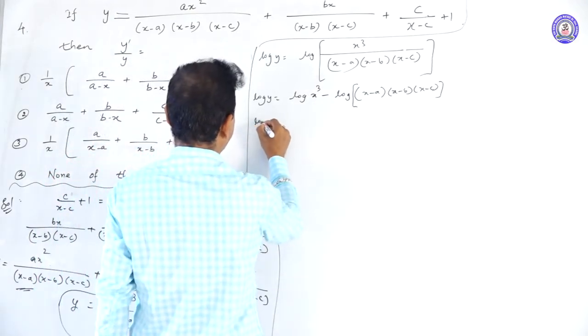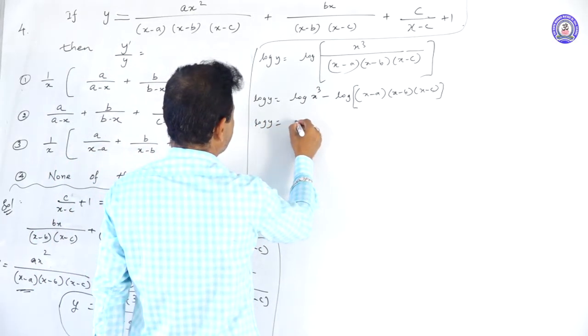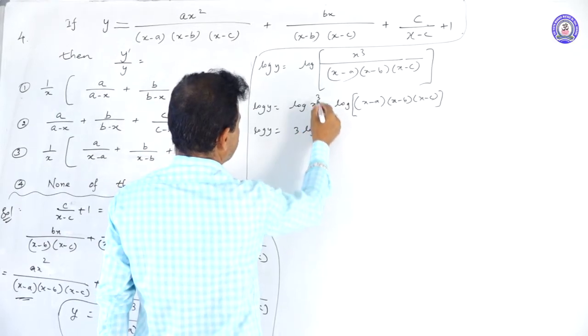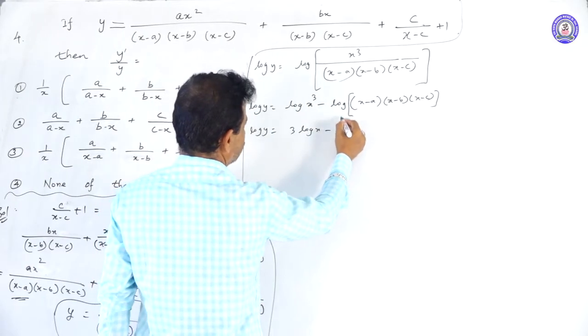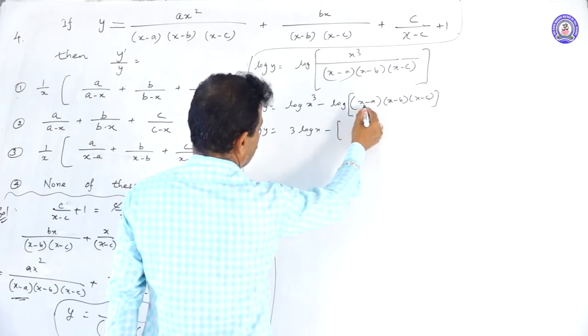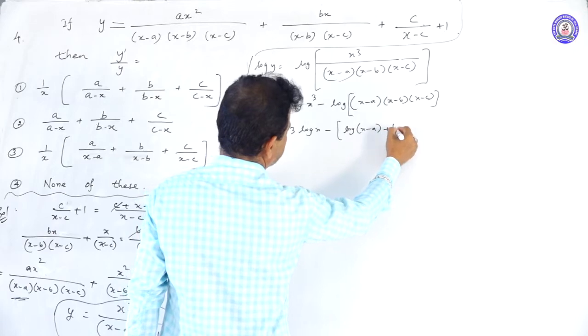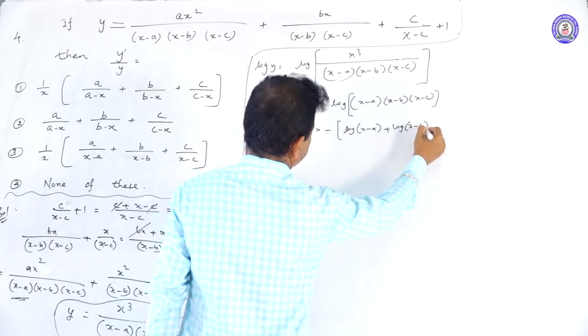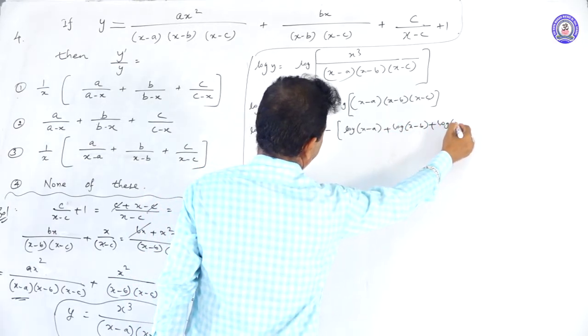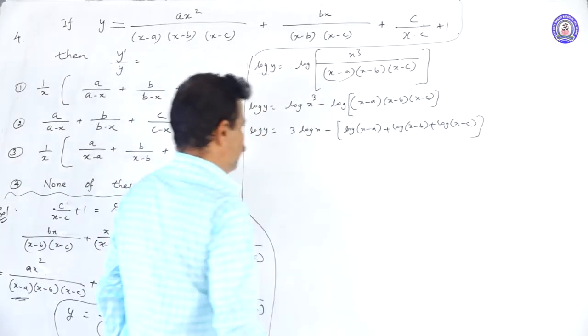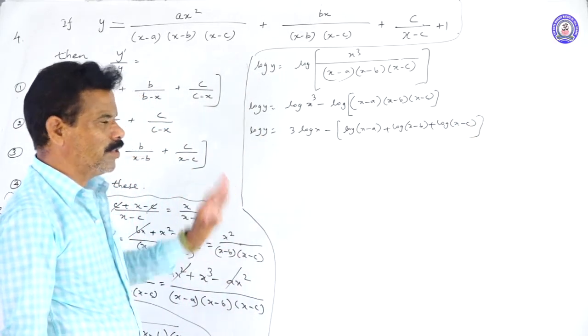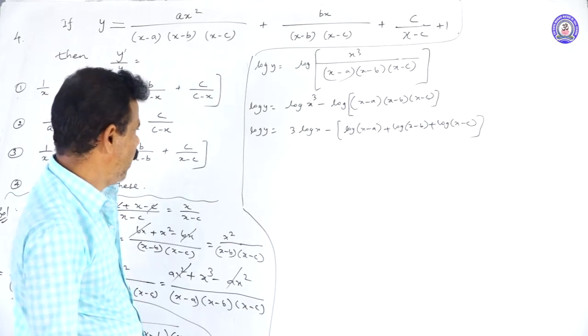After this, again simplify: log y is equal to 3 log x, the 3 coming to the front, minus log of x minus a plus log of x minus b plus log of x minus c. This is the simplest way.